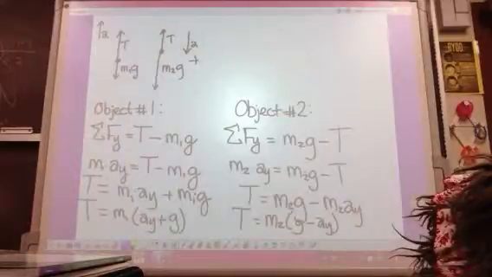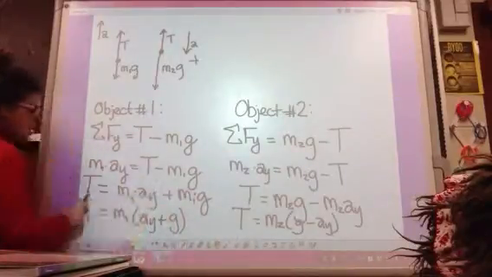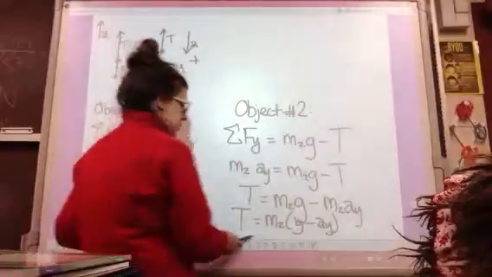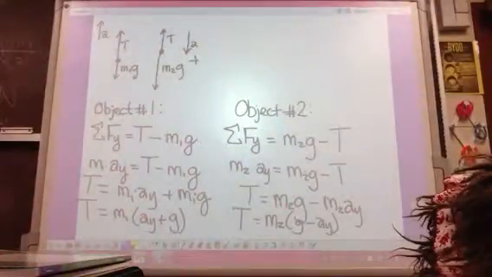The first part of this question asked me to find acceleration. I'm trying to find the acceleration in the y direction. I know the tension for mass 1 would be this equation here, and the tension for mass 2 is that equation.